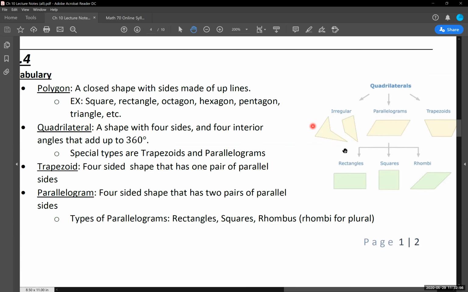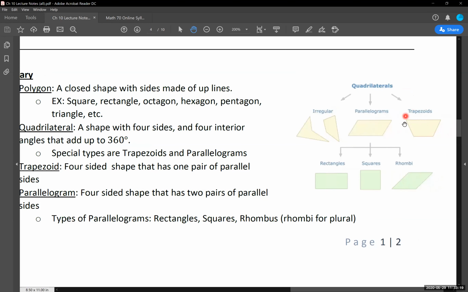So irregular ones, where I've got 4 sides for both of these, but there's nothing particularly special about them. We could make any 4-sided shape of them. We then have parallelograms, which have some unique properties, which we're going to go into in a second. And then we have trapezoids, which have some unique properties, but they are less unique than the ones we have down here.